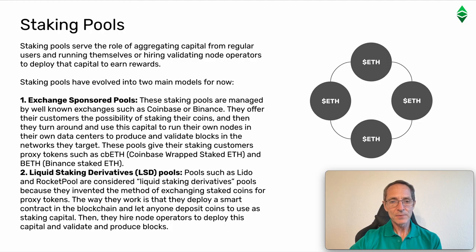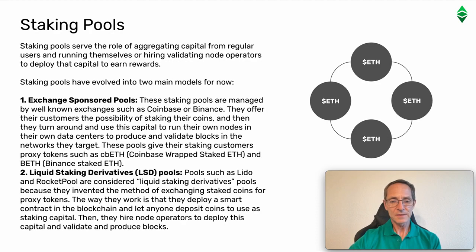Staking pools. Staking pools serve the role of aggregating capital from regular users and running themselves or hiring validating node operators to deploy that capital to earn rewards. Staking pools have evolved into two main models for now. One, exchange-sponsored pools. These staking pools are managed by well-known exchanges such as Coinbase or Binance.